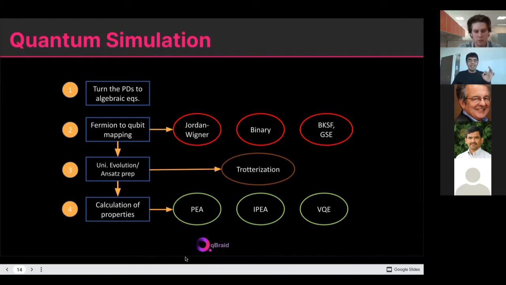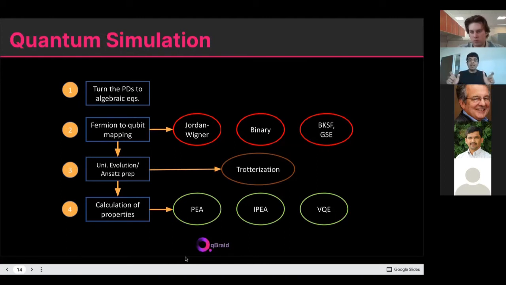The main takeaway here being that electrons are very different from qubits, right? So there's a procedure to go from the partial differential equations that I showed you and convert them into algebraic equations. Once you do that, you have discretized the system, but still it is not ready to be mapped to qubits. Or rather, I should say it cannot be directly mapped.